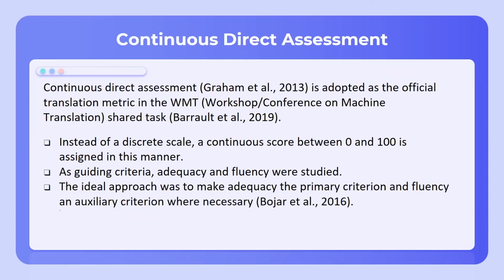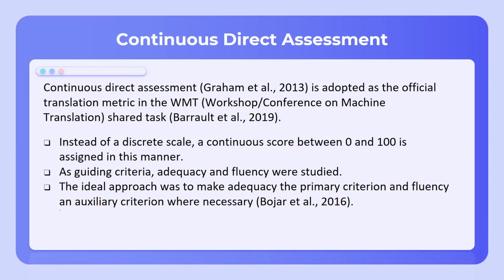As for continuous direct assessment, it was adopted as the official translation metric in the workshop conference on machine translation shared task in 2019. Instead of adopting a discrete scale, a continuous score between 1 and 100 is assigned in this manner.